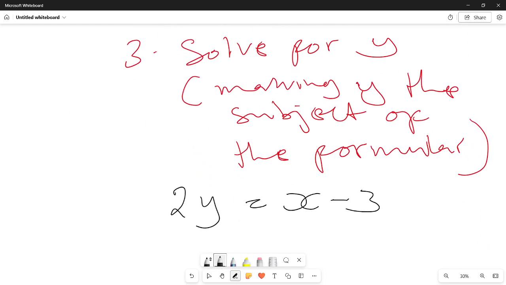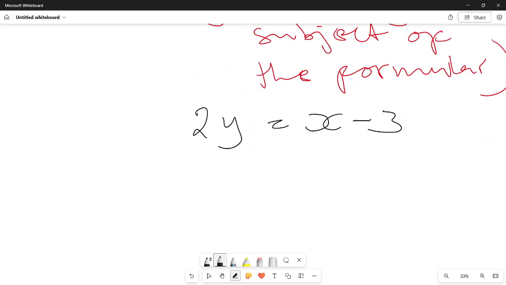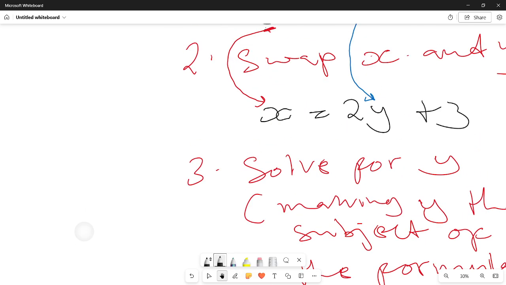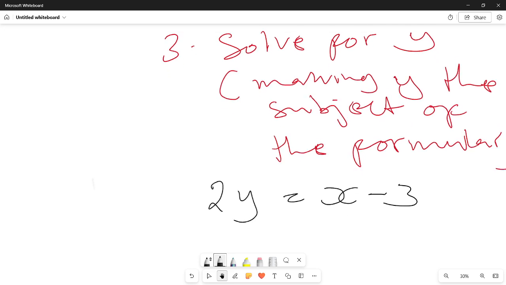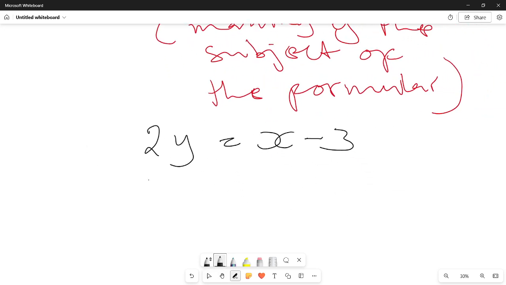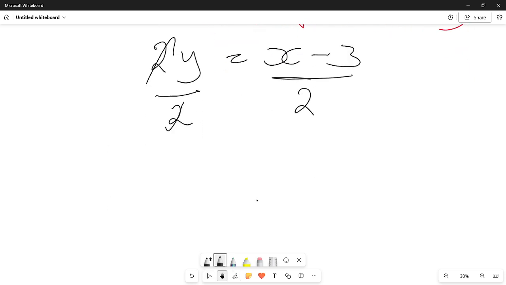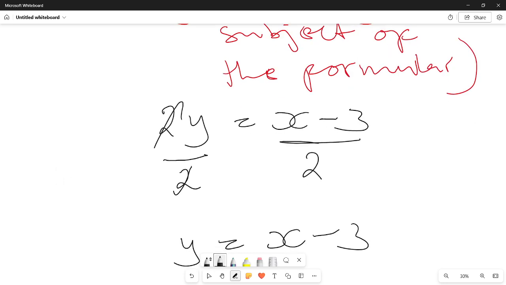Then we are going to divide both sides by 2, because we want to make y the subject of the formula. Then y is going to be equal to x minus 3, over 2. So that's step number 3.